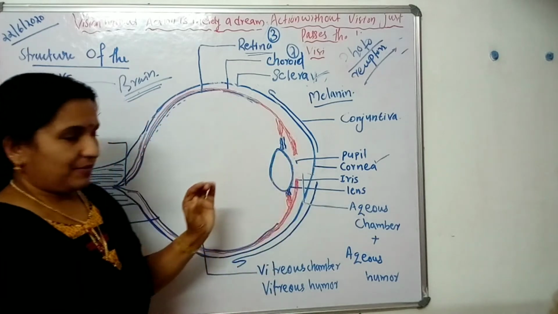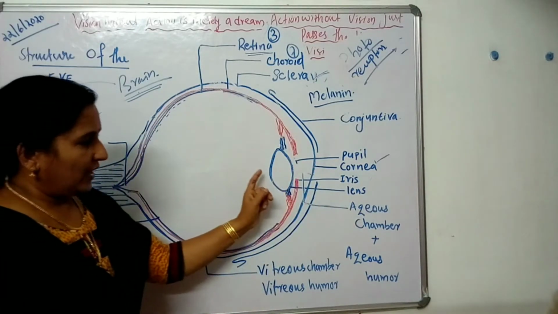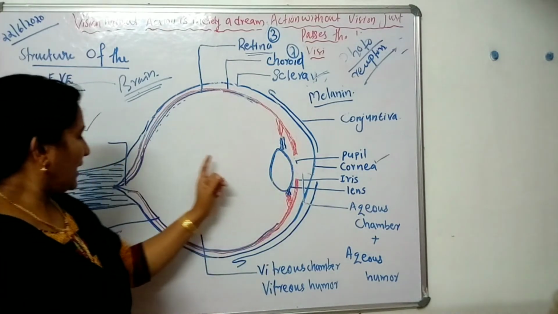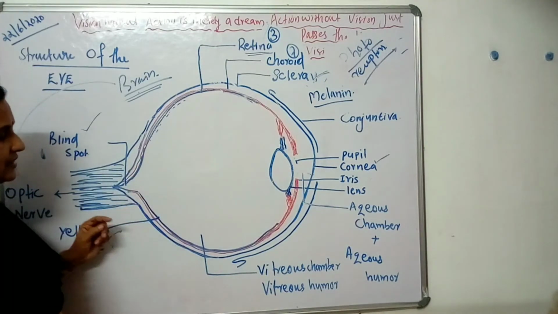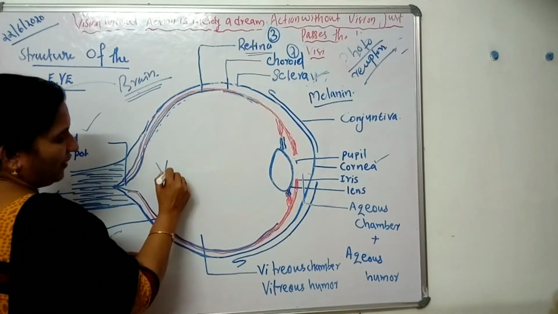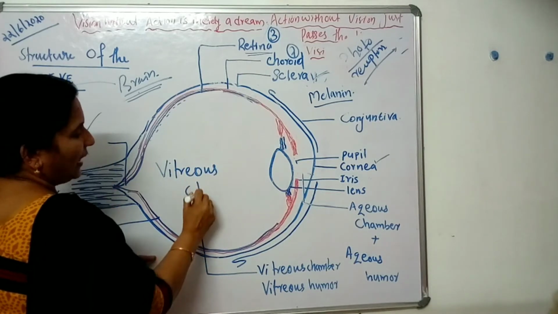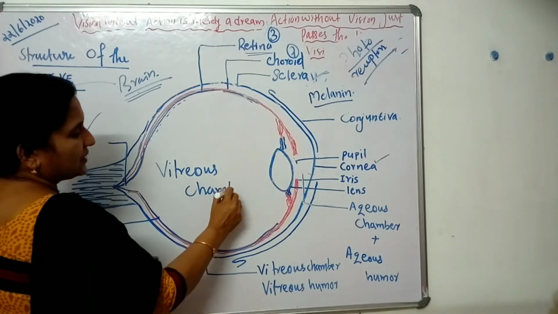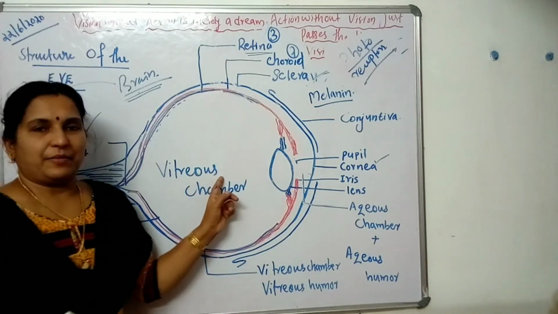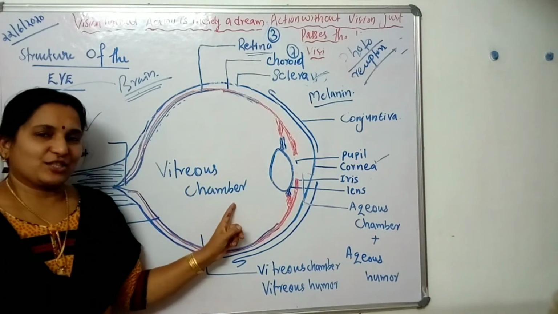The other chamber, present between the lens and the retina, is known as the vitreous chamber. The fluid present in the vitreous chamber is known as vitreous humor.